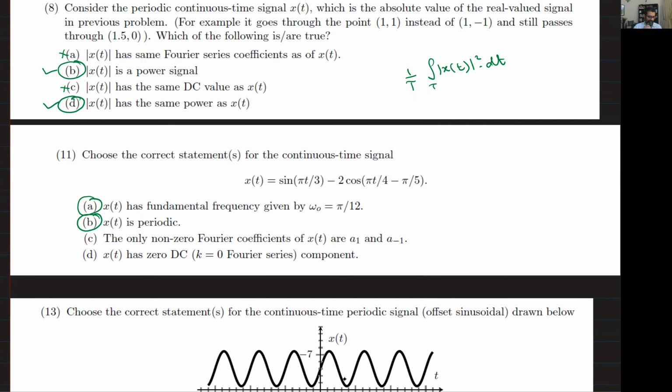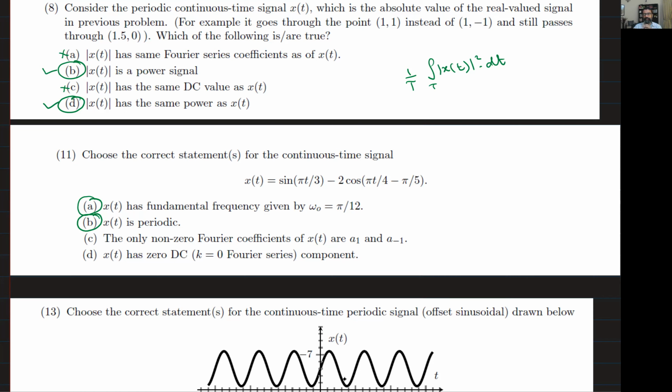Usman Nadeem says A and B. What about D? So Abdullah says D is incorrect. Hamza says D is true. Why do you think, Hamza, D is correct?